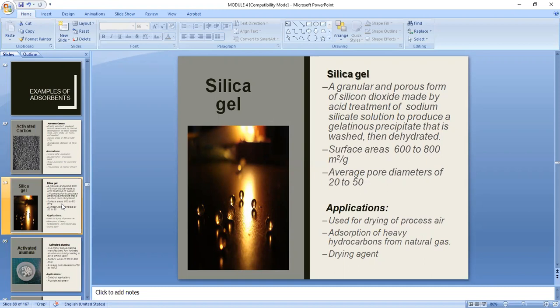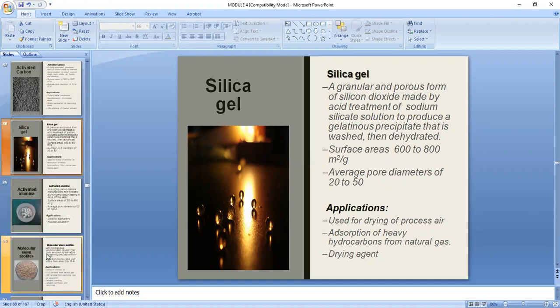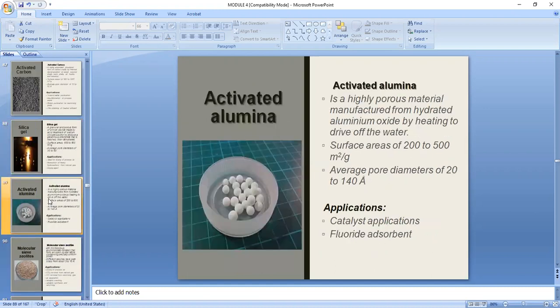I forgot to place the unit. Applications are drying of processed air, adsorption of heavy hydrocarbons from natural gas, and most of the time it is used as a drying agent. So it's a moisture absorber.